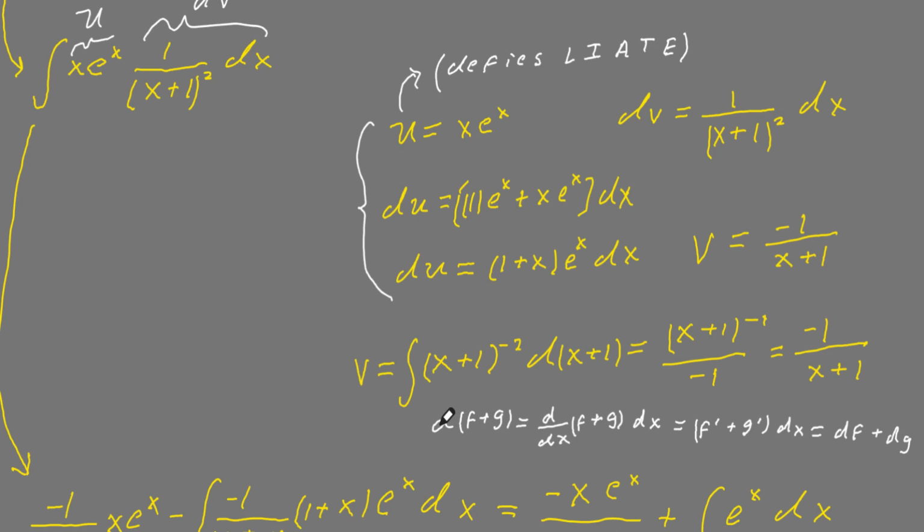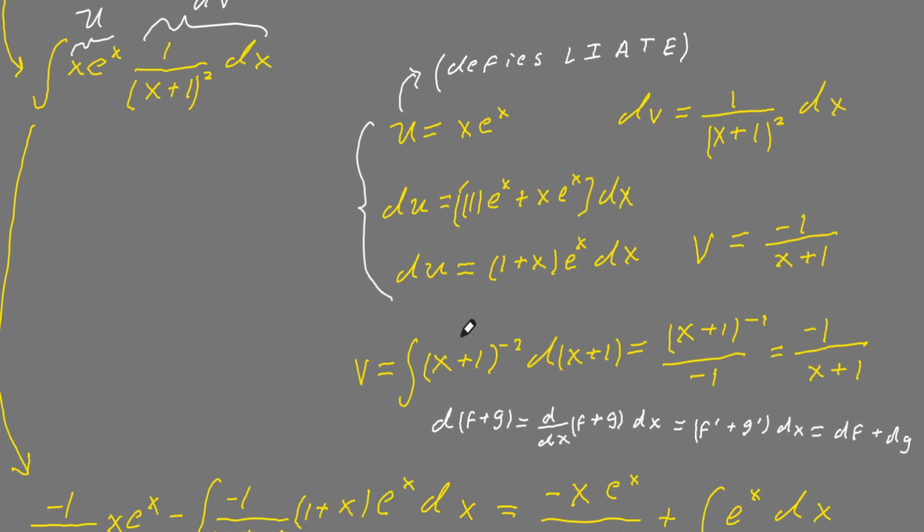If I wanted the differential of these two terms, that would be equal to the derivative of these two terms times dx. And the derivative of these would just be f prime plus g prime times dx. And I can let the dx distribute, so I have f prime dx, which is just df, plus g prime dx, which is just dg. So you can see that the differential distributes over these terms.